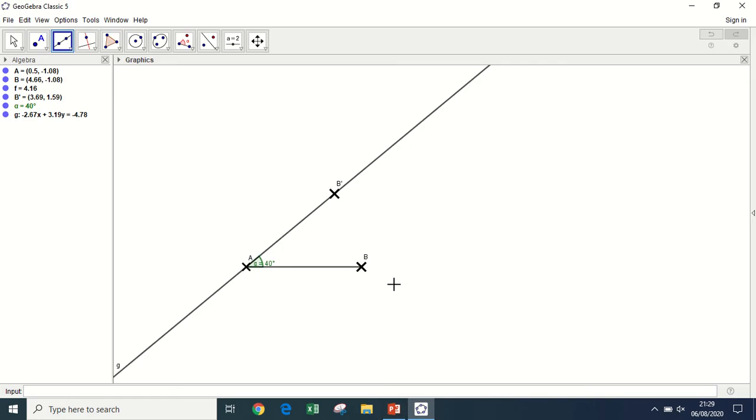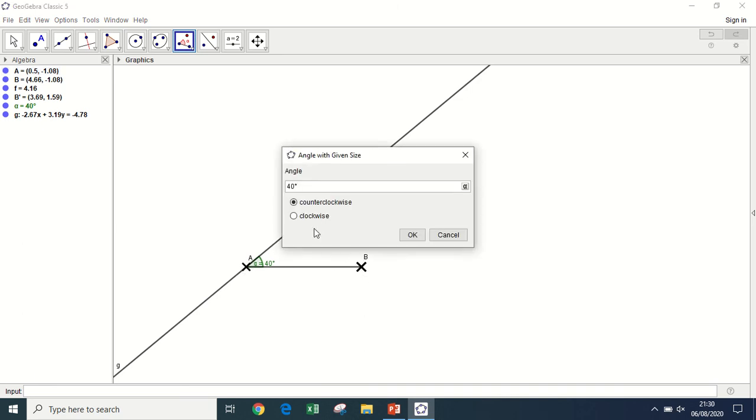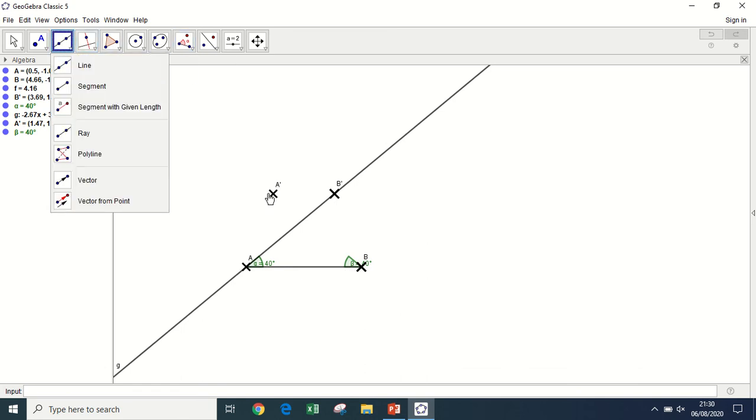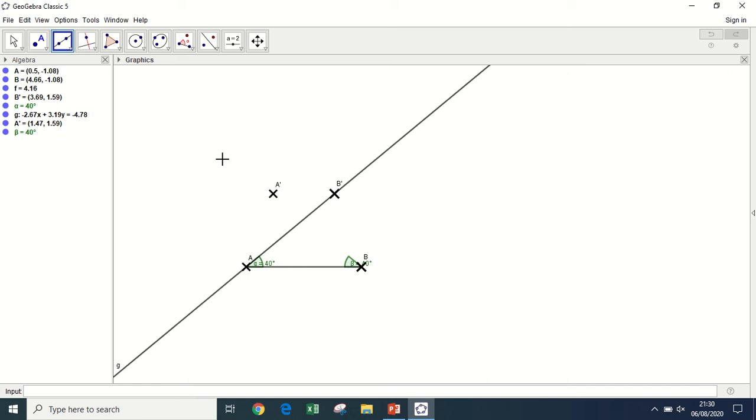So going back to the place we are drawing, we draw the same angle at the point B. This is what you do. This should be clockwise, I believe, that particular way. So if I join that again, I'm going to get that line there.